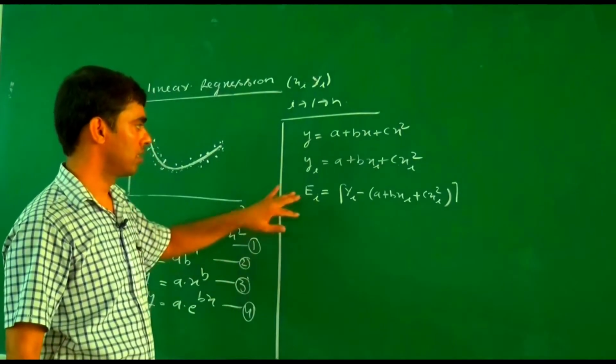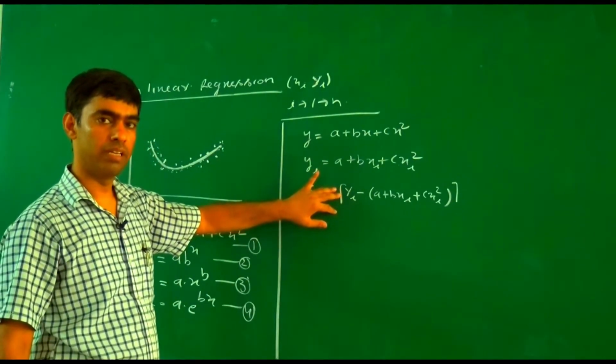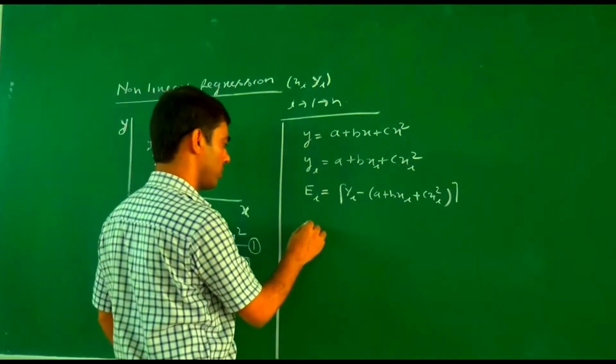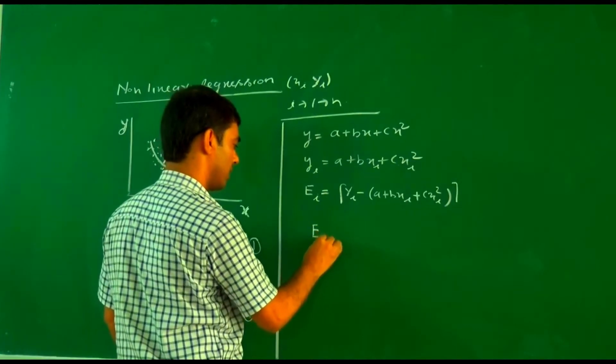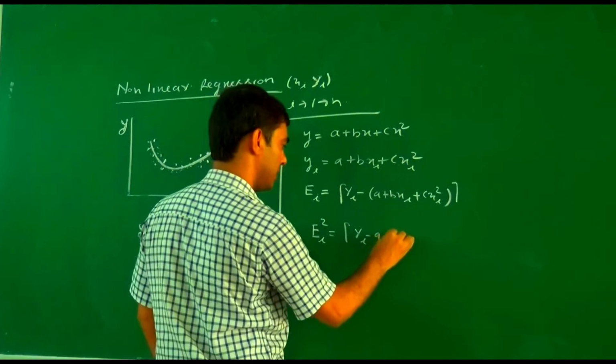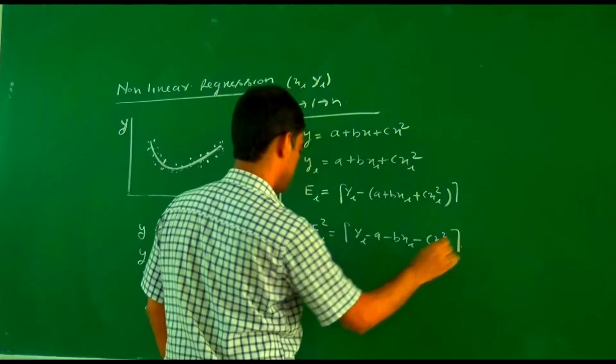Since this may be positive or negative, maybe one error neutralizes the other error. So here we find the square of this one, ei square. ei square becomes (yi minus a minus b xi minus c xi square) squared.